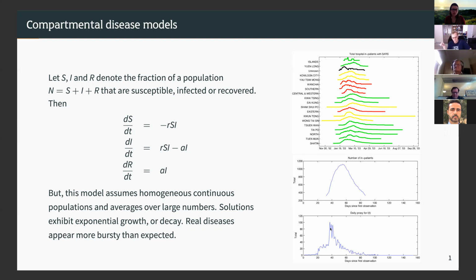So this data is 17 years old, but it's a coronavirus nonetheless. And from that, we can deduce the number of people in hospital, or in fact, that's the data that we've got. And we can also divide it up by different districts. So here we have all of the districts of Hong Kong.